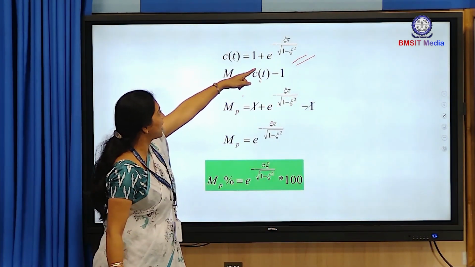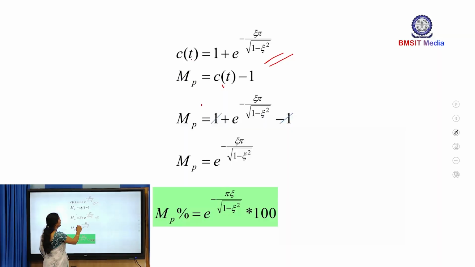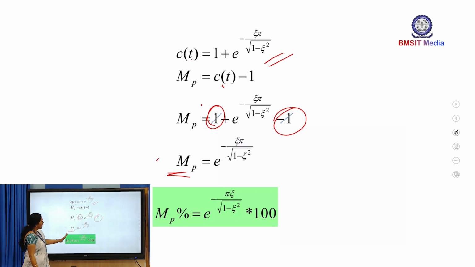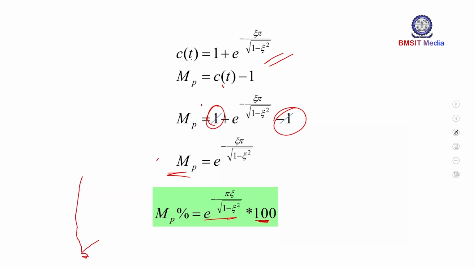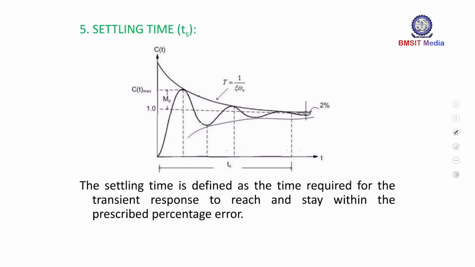So what is C of t I have got here? That minus 1. Here plus 1 and minus 1 I am going to cancel, and this is the maximum overshoot here. If you want this maximum overshoot in terms of percentage, then you have to multiply that with 100.